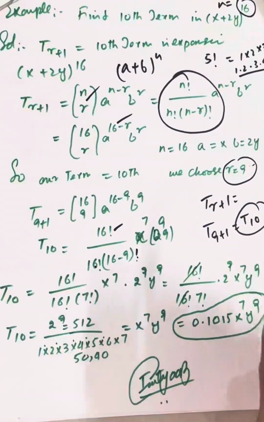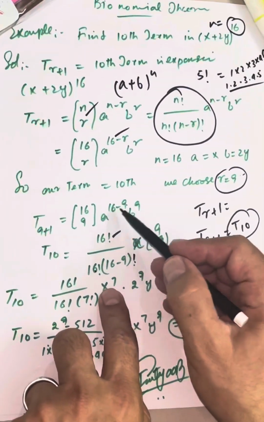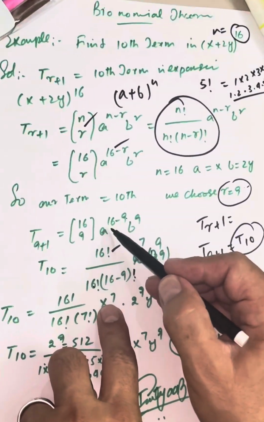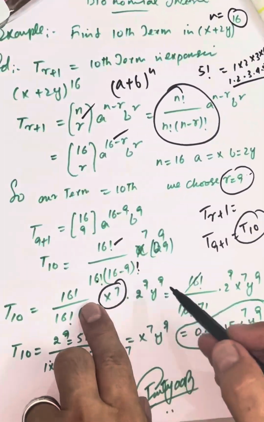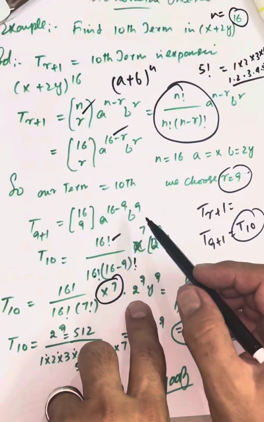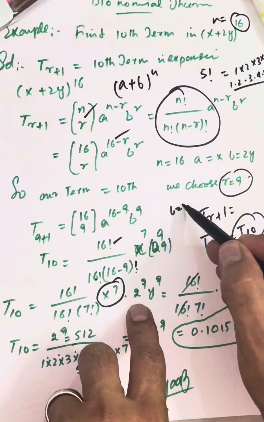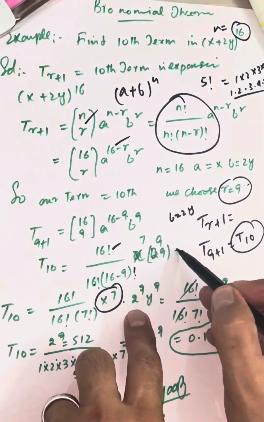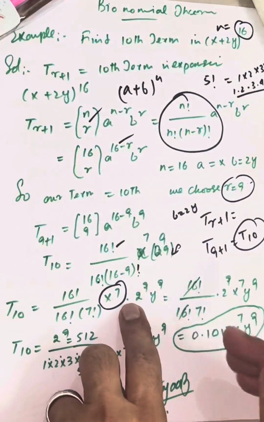In the equation, x to the 16 minus 9, we got 7, so the x power is 7, and b to the 9. In place of b we can put 2y. Here I put 2y, so 2 to the 9 and y to the 9.